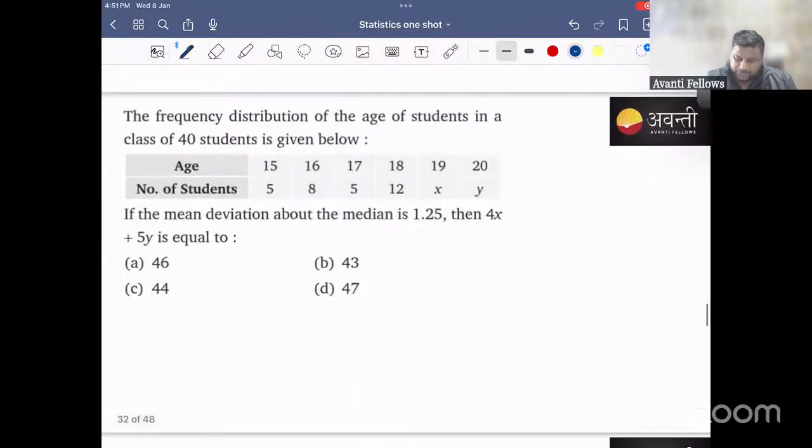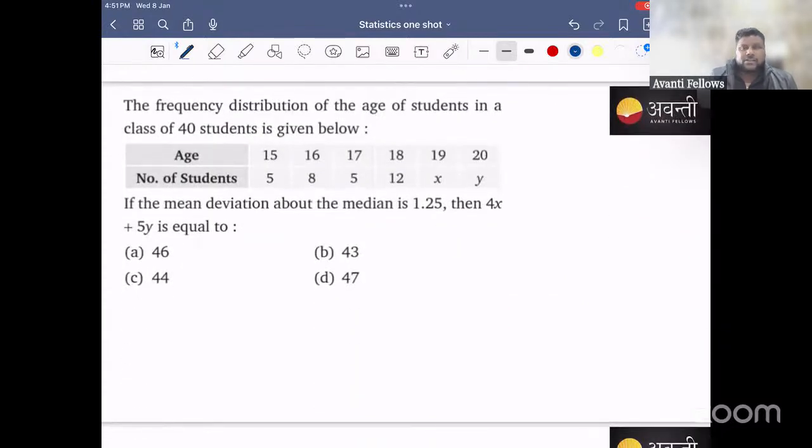Got it? Now, let's do another question. The frequency distribution of the age of students in a class of 40 is given below. So 15 is the age of 5 students, 16 is the age of 8 students, 17 is the age of 5 students, and so on and so forth.